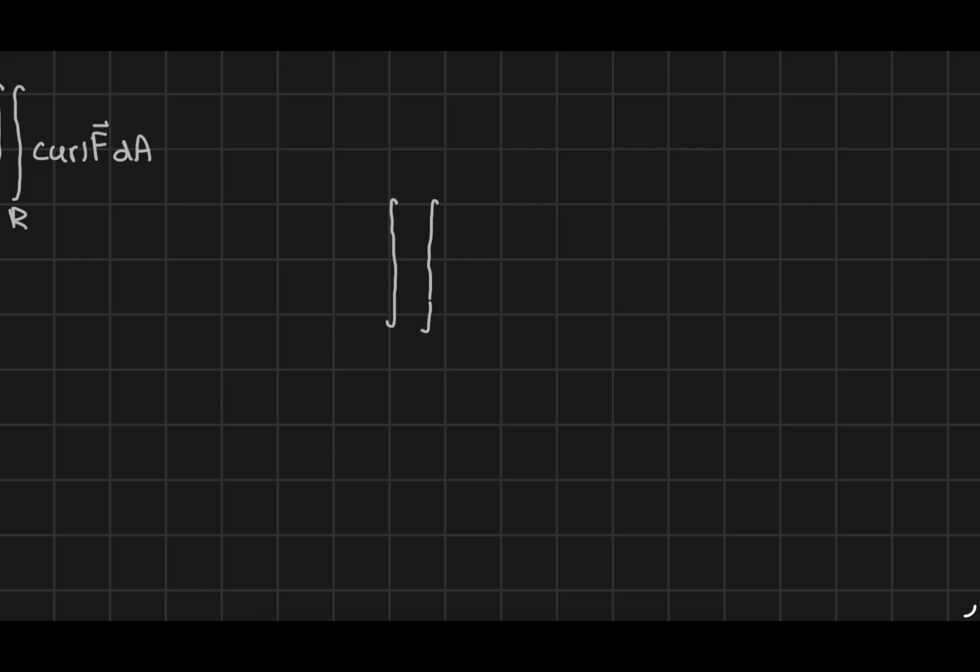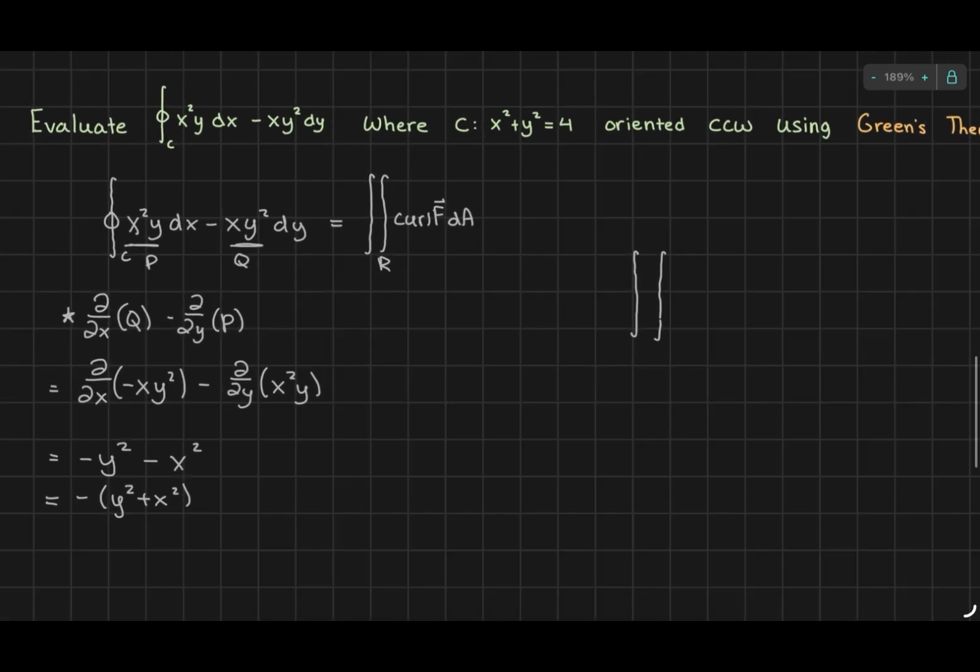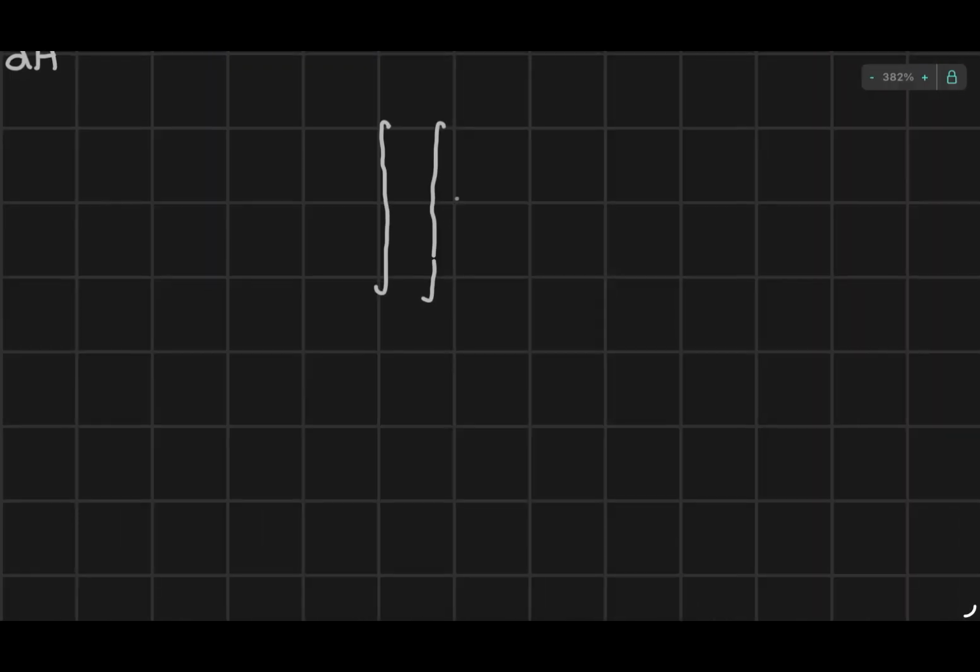We'll write our bounds in just a little bit, of our curl, which is negative y squared plus x squared. I'm going to skip writing out what it would be in Cartesian coordinates and skip to the fact that, well, we're in polar, so y squared plus x squared is going to turn into r squared. And once again, that's going to be negative, so our integrand is going to be negative r squared. And then we're going to have r dr d theta.